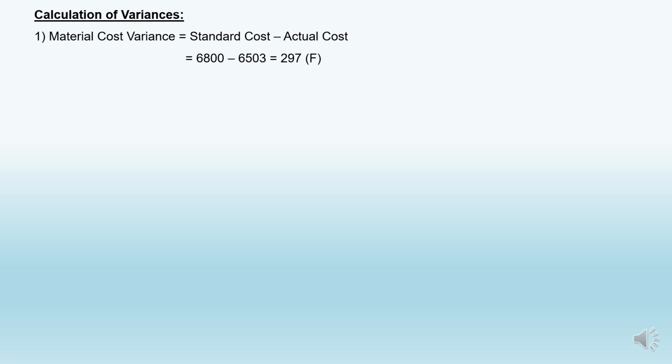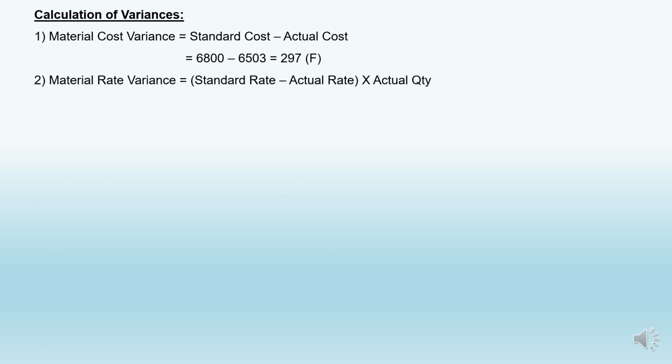Mathematically, in a cost variance, if we get a positive value, then it is called favorable. The logic is very simple. I have spent less than what I had actually thought. My standard was 6800, whereas I have spent only 6503. So I have saved 297. That is favorable. Had I expended more, I would have got a negative value and I would have written it as an adverse variance.